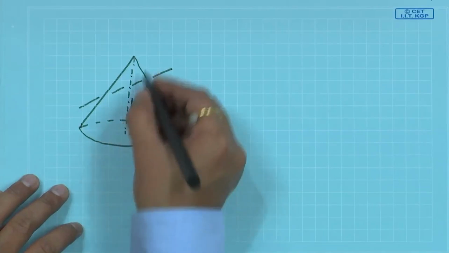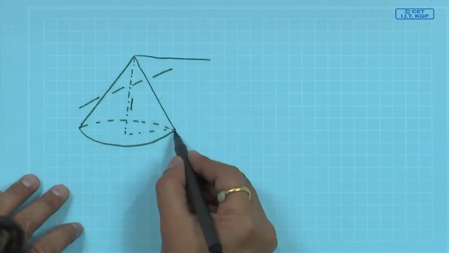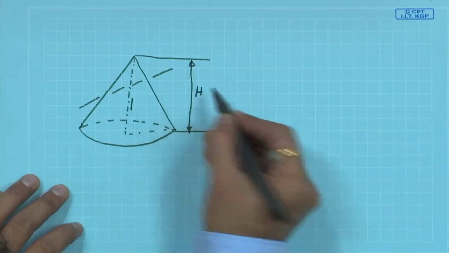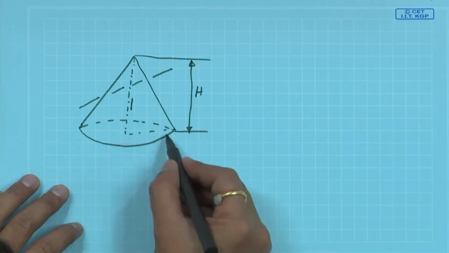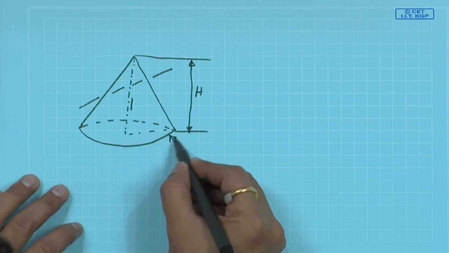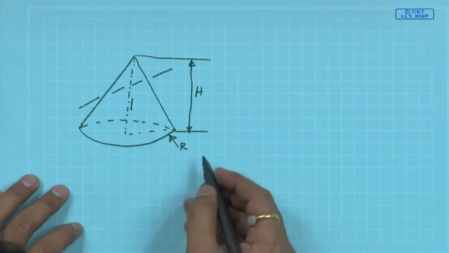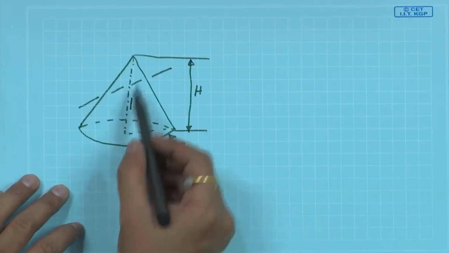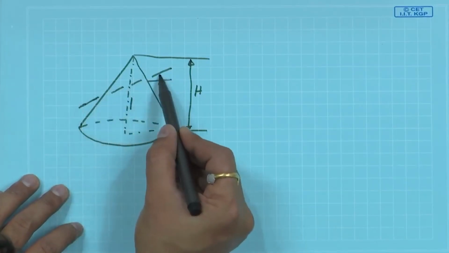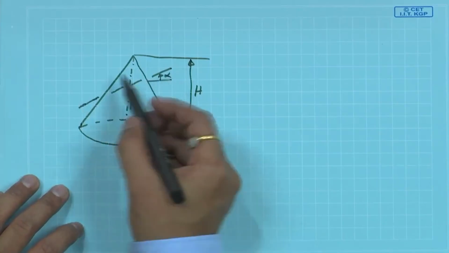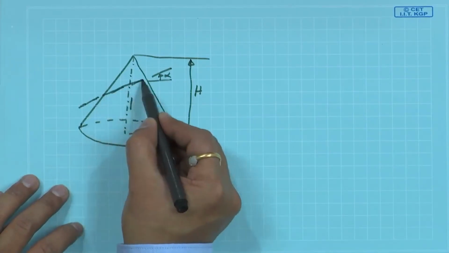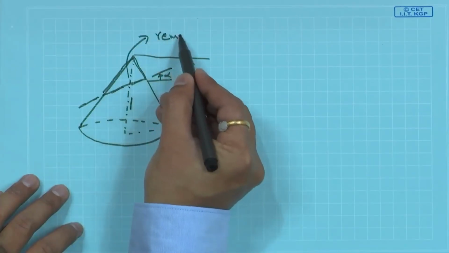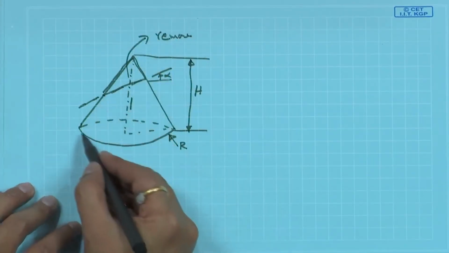Let us call this one H, our convention in drawing is to show dimensions exterior to the object, and this one radius or diameter, we can show some radius. Now, if we are taking an inclined section making an angle alpha, remove this top portion, remove it and visualize this part.